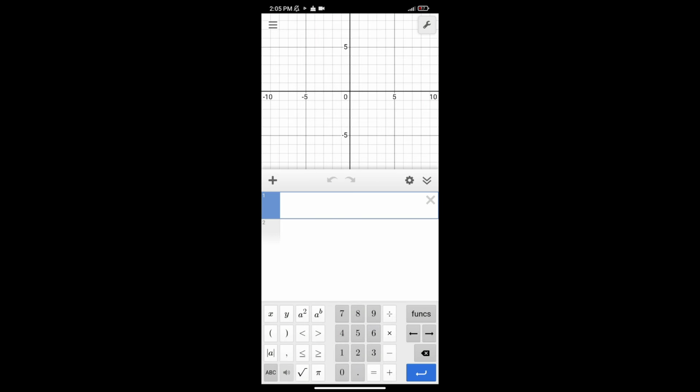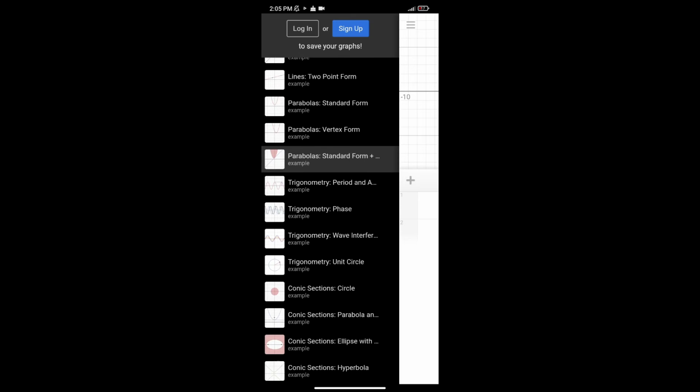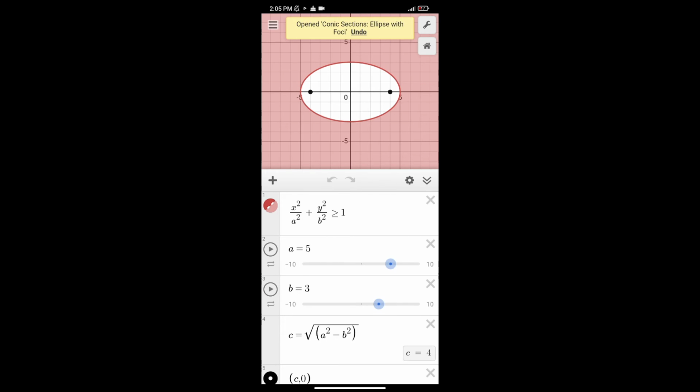First, let us open the Desmos app. Next, press the menu button and find the equation of an ellipse to graph our ellipse.